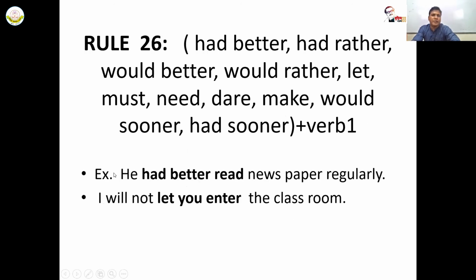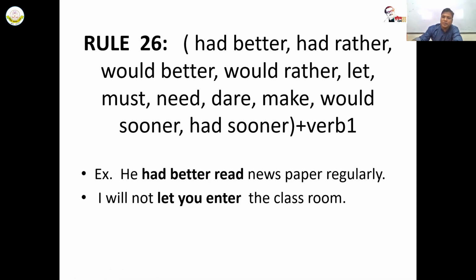And now rule 26. When you find these words: had better, would rather, would, let, must, need, dare, make, or sooner, had sooner, they always take the base form of the verb. For example, he had better read newspaper regularly.